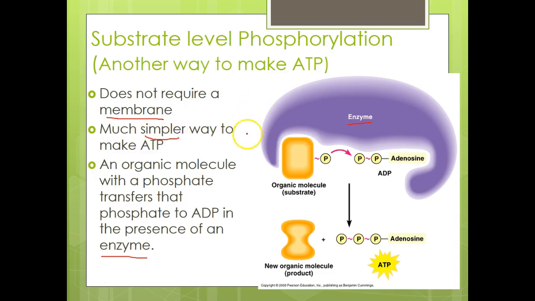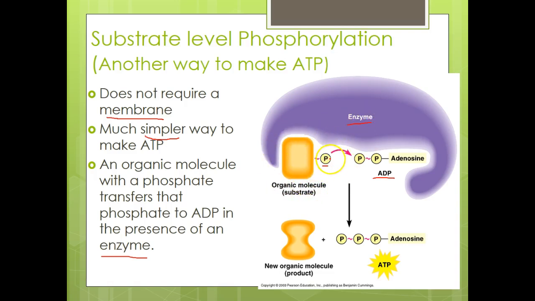It doesn't require a membrane. This can happen anywhere within the cytoplasm or anywhere within the matrix, and all you need is an enzyme and the proper substrates. The substrates happen to be any organic molecule that has a phosphate attached, and ADP. All this enzyme is going to do is take in this organic molecule, but again, it has to have a phosphate.